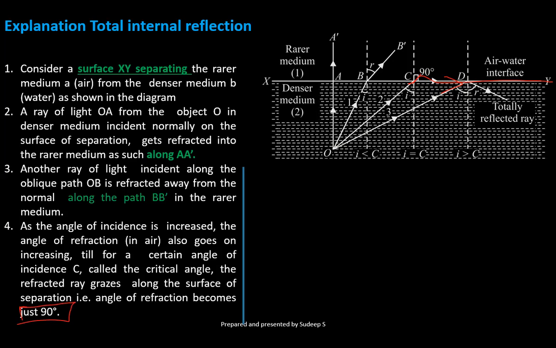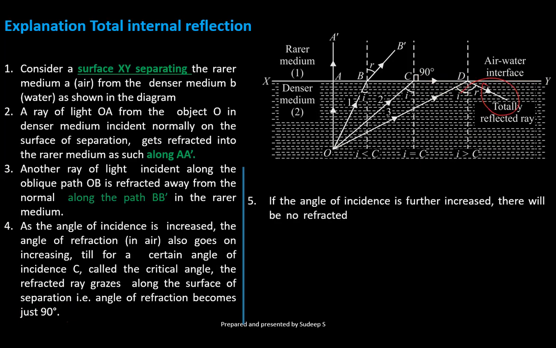Now, if I increase further, you can see here that the angle of incidence is now greater than the critical angle. In this case, I will not be getting any refracted ray, but I will be getting a reflected ray. So if the angle of incidence is further increased, there will be no refracted ray.